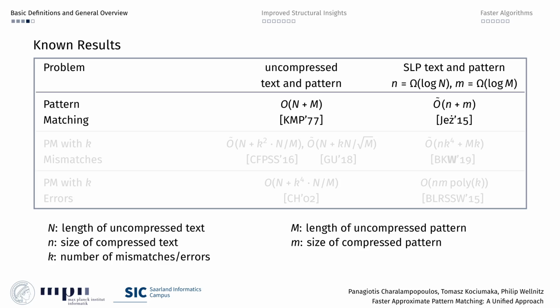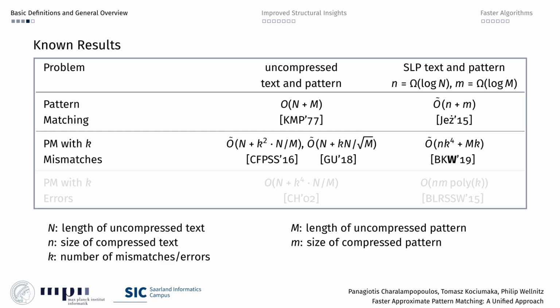Note that in this case, the O tilde notation also hides some logarithmic factors in the uncompressed lengths of the strings. For pattern matching with mismatches, I want to highlight a recent result where co-authors and I obtained an algorithm that worked for compressed texts but uncompressed patterns, which is still the best we could do up until now.